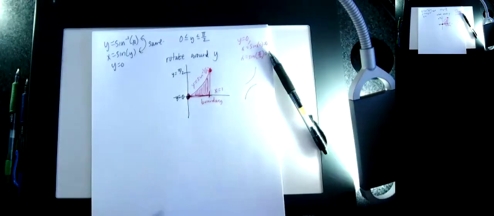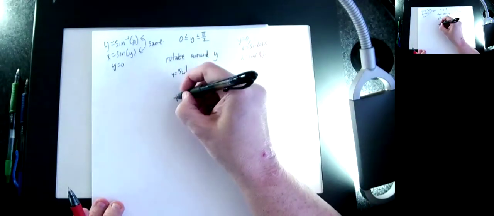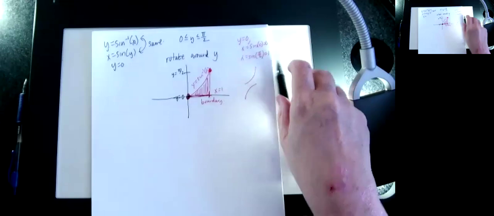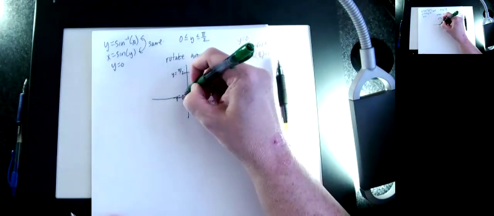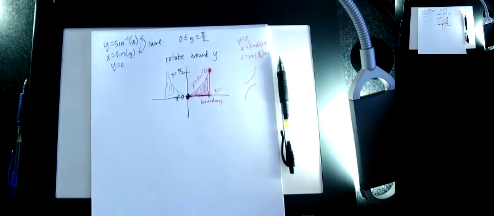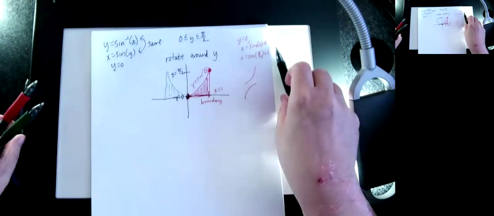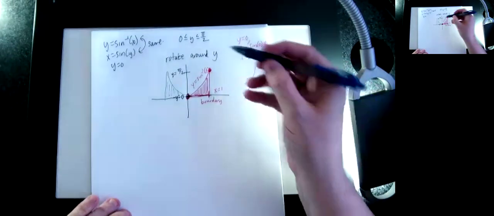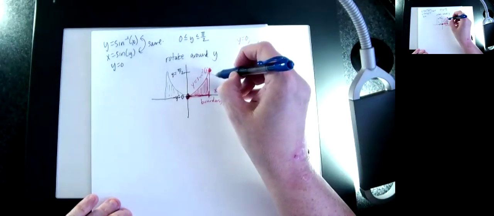And if we rotate that around y, okay, so my disk method is going to look something like this.